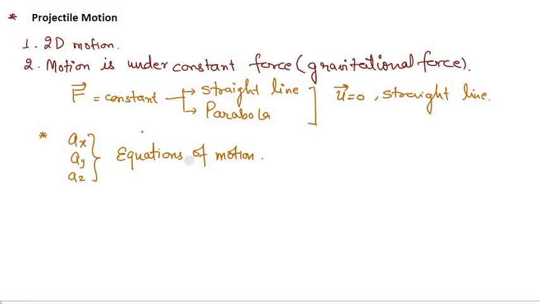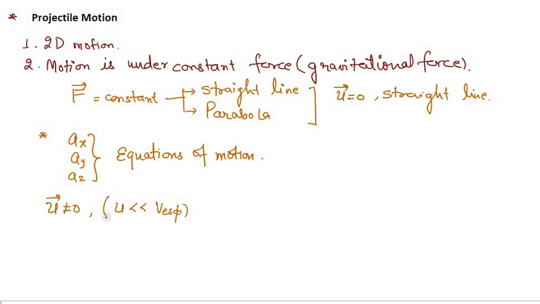One more thing, about when u is not equal to 0, when the initial velocity is not equal to 0. The first consideration is that the initial velocity u is less than the escape velocity.